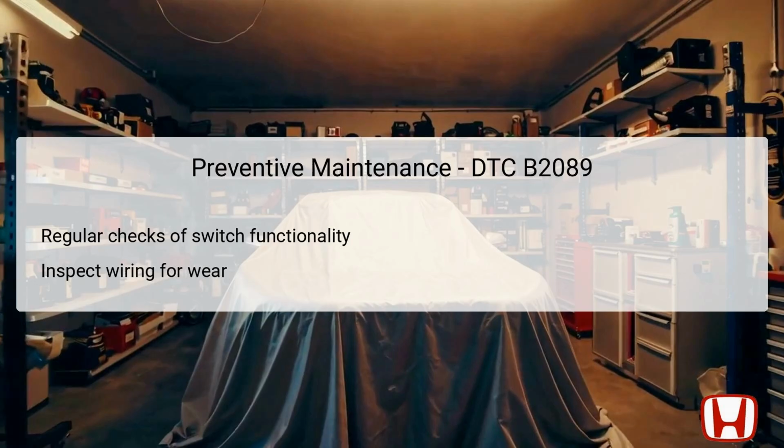It may also be beneficial to consider using protective sheathing or tape to guard against environmental factors that could compromise wiring integrity. Such preventive actions can significantly enhance the longevity and functionality of the power sliding door system, safeguarding it against common issues that can lead to DTC errors.